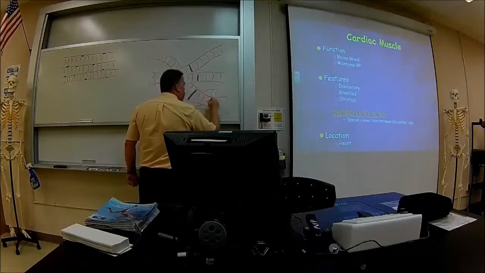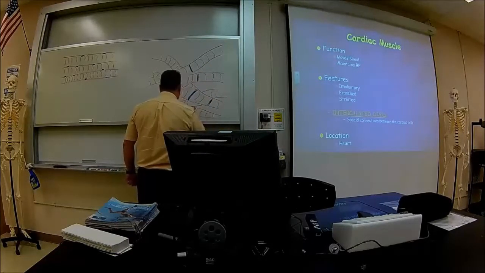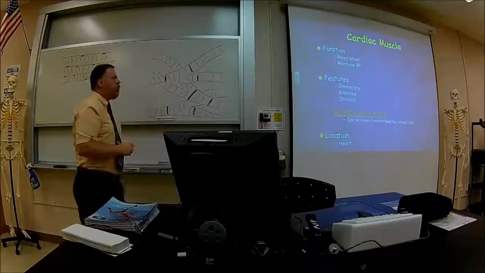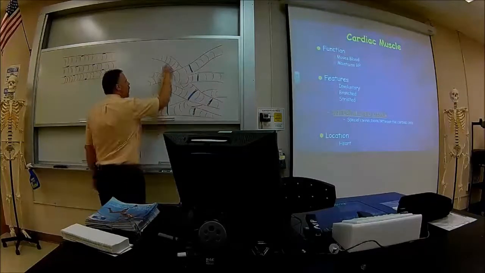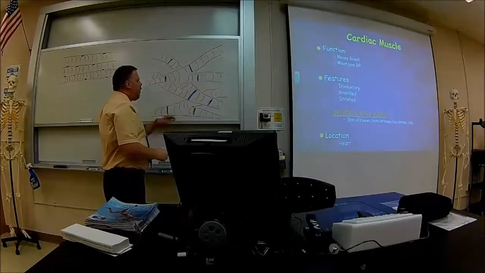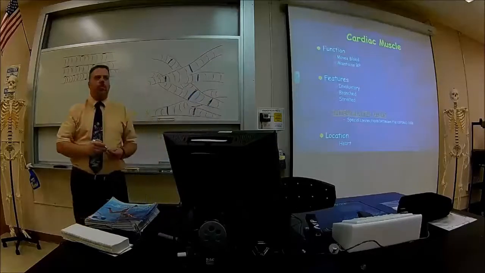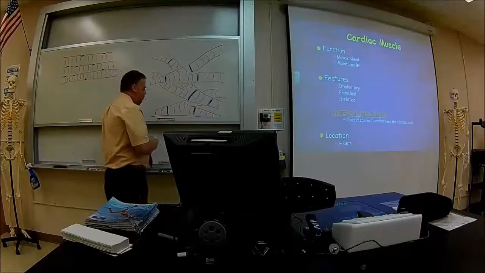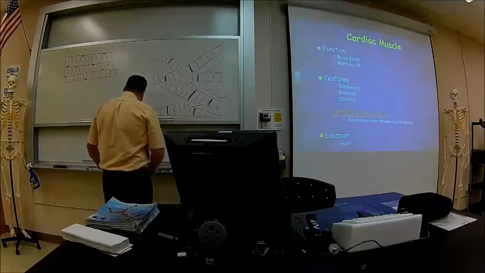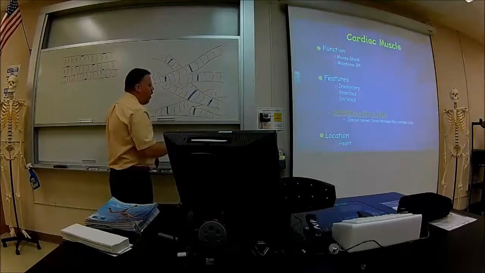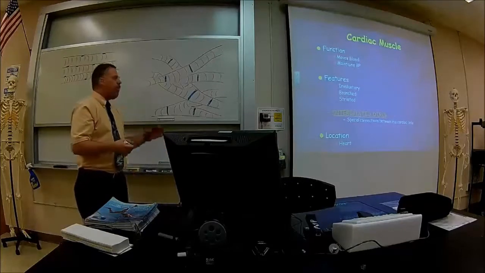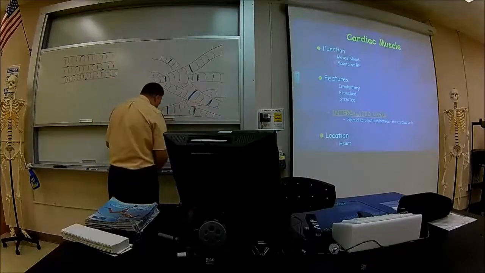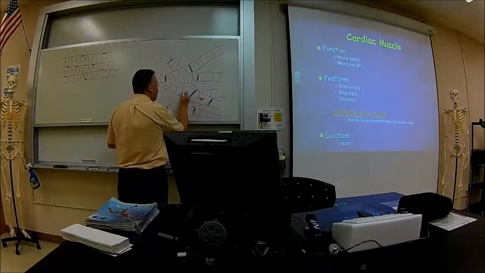These are much thicker, or more prominent. The spaces in between, or the connections in between each of the cardiac muscle cells. These lines have a special name. They're special discs, and they're called intercalated discs. The nuclei here are not, well, each one of these cells is not multinucleated. There's going to be one nucleus in each cell.